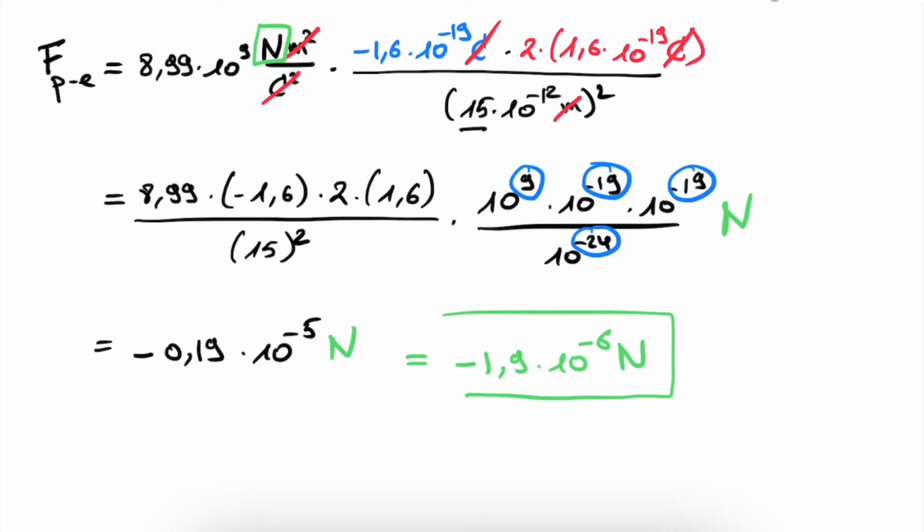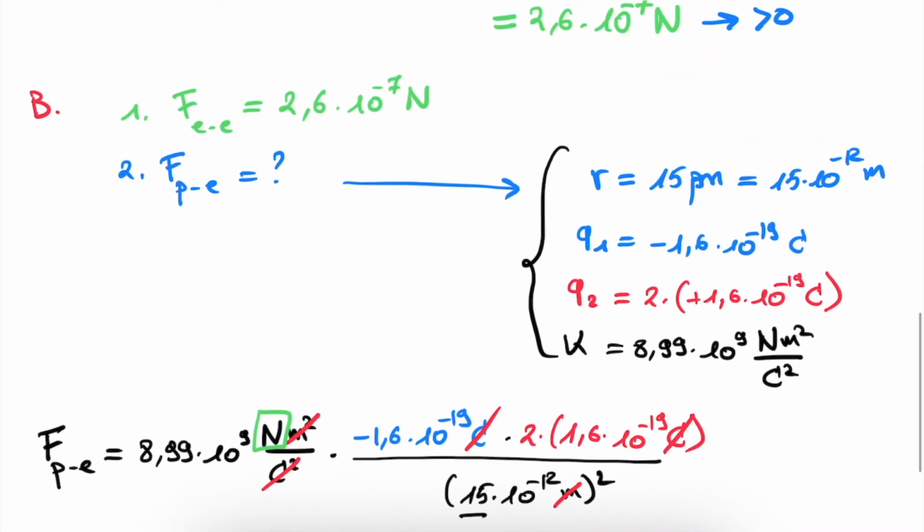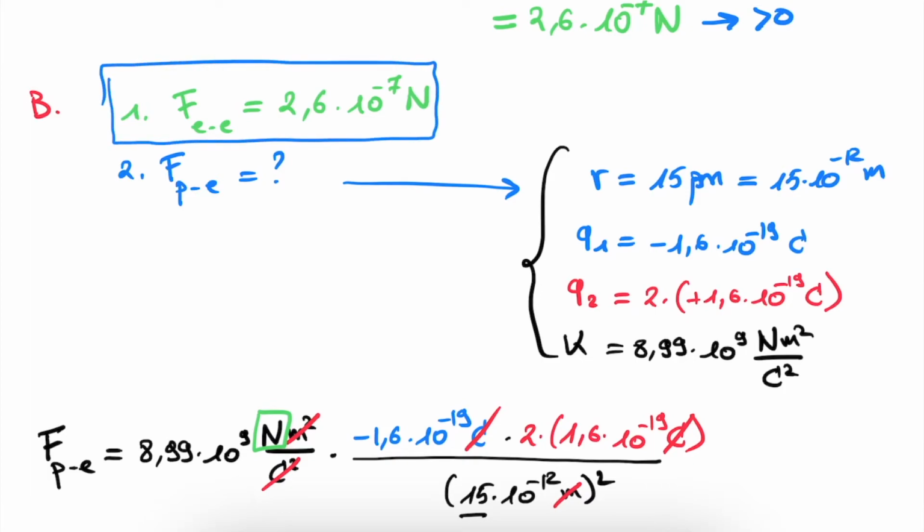And at this point, we're still not done because we've now calculated two forces. So we calculate the force of the electron-electron repulsion, which we did in the previous exercise. And we now calculate the force between the positive nucleus and the negative electron. So we still have to add these two up in order to get the final force experienced by the electron.